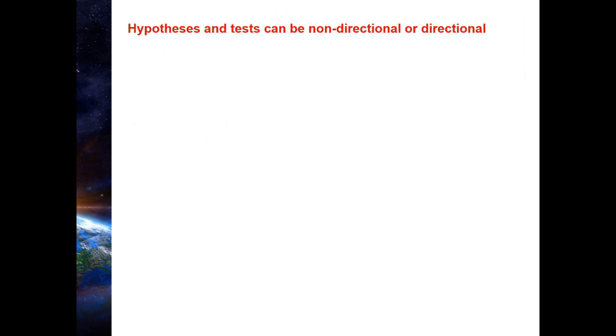We're going to look at an example of a one sample t-test, but first we need to talk about the hypotheses for a one sample test. The hypotheses and the tests themselves can be both non-directional or directional. So we're going to look at non-directional first.